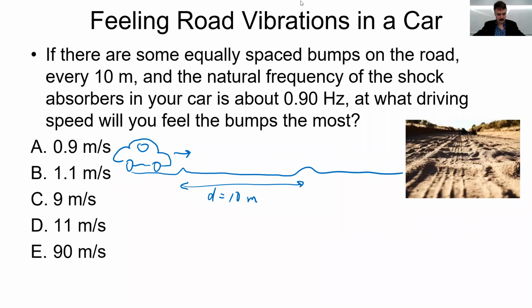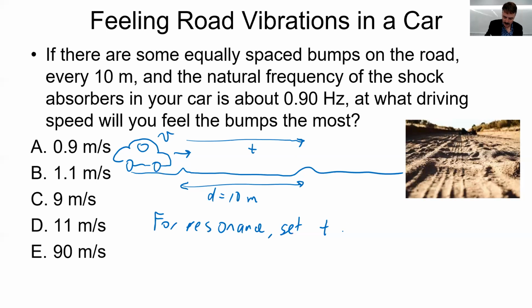Okay. So yeah, I think what's going on here is that for resonance, if you're going at some speed V over some distance D, the time T equals the period of the natural oscillations of your shock absorber.